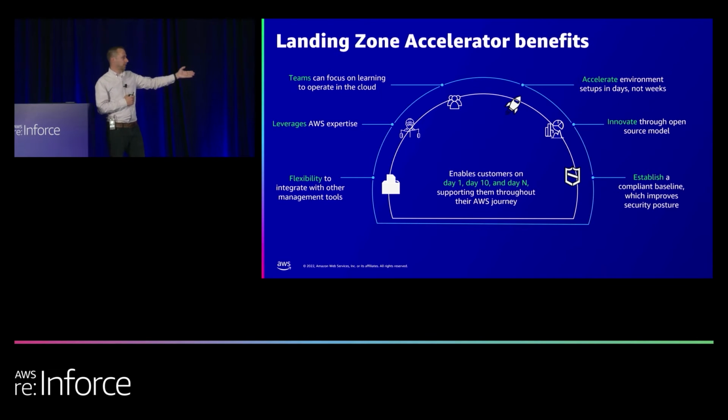Like I mentioned before, it was engineered by the global AWS security and compliance experts to leverage all of our best practices, consolidating this down into a baseline that allows you to pick and choose what suits you. An important point that I'm always remiss if I don't say out loud: your IT administration teams and your developers can focus on things that are not foundational infrastructure.